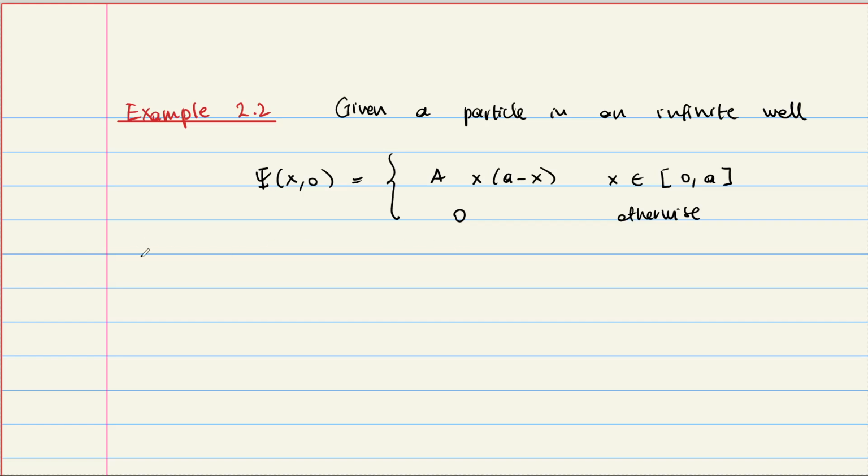And the question is asking us to find psi at subsequent times, and that means find psi of x comma t. Good. Let me just sketch the function for you. Suppose this is my box.